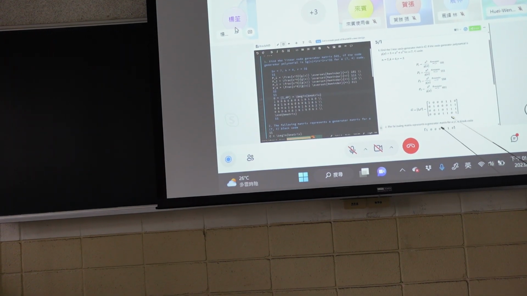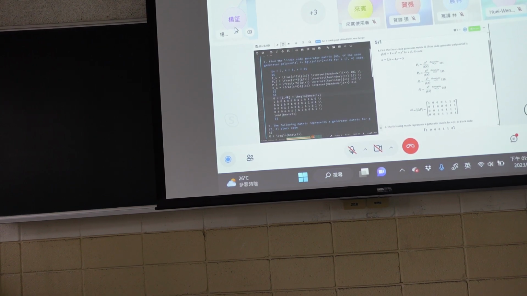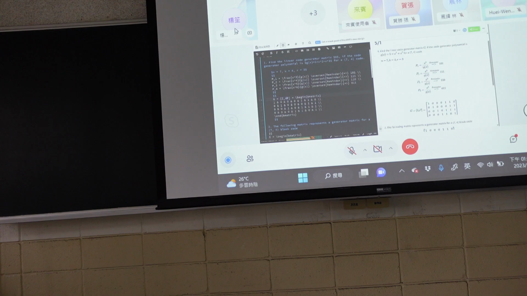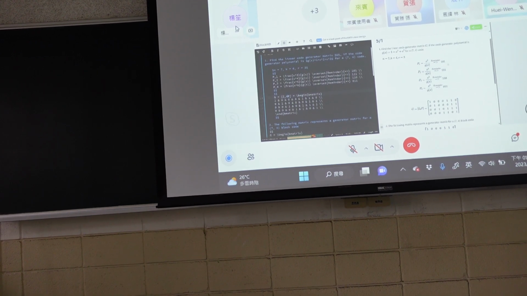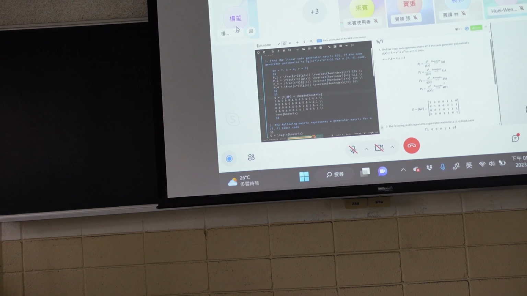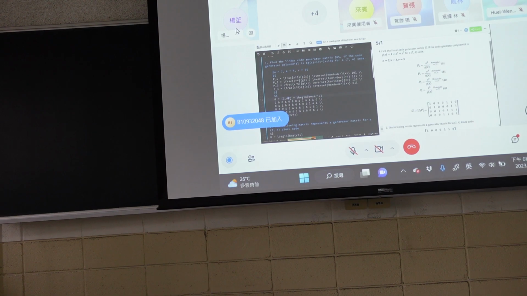And the rest is the parity matrix. We need to get P1, P2, P3, and P4. So we can get these vectors by this equation. So P1 is 101, P2 is 111, P3 is 110, P4 is 011. By appending these vectors, we can get the parity matrix.